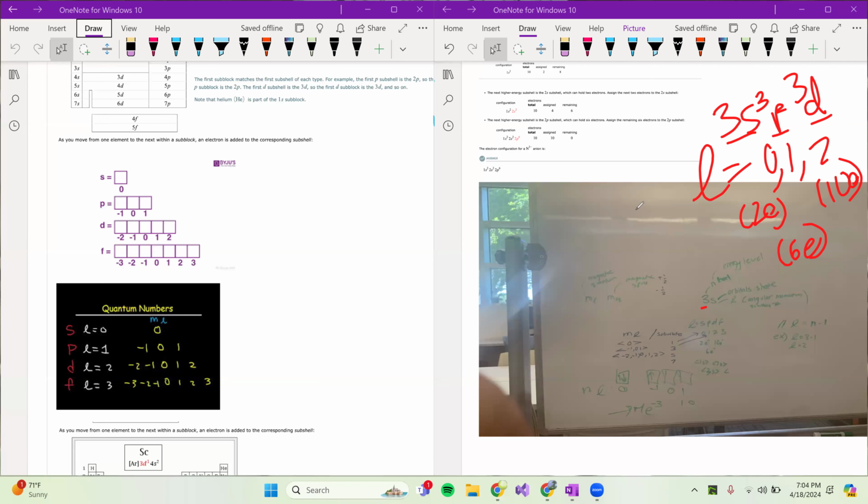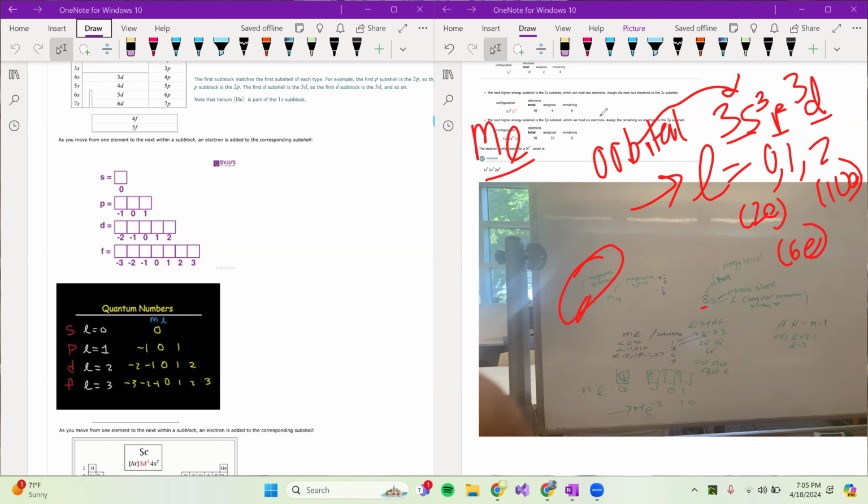The angular quantum number gives us our orbital, so that's the s, p, or d, and the orbital will give us our magnetic quantum number, which is ml, the positioning of where the electron is going to be.